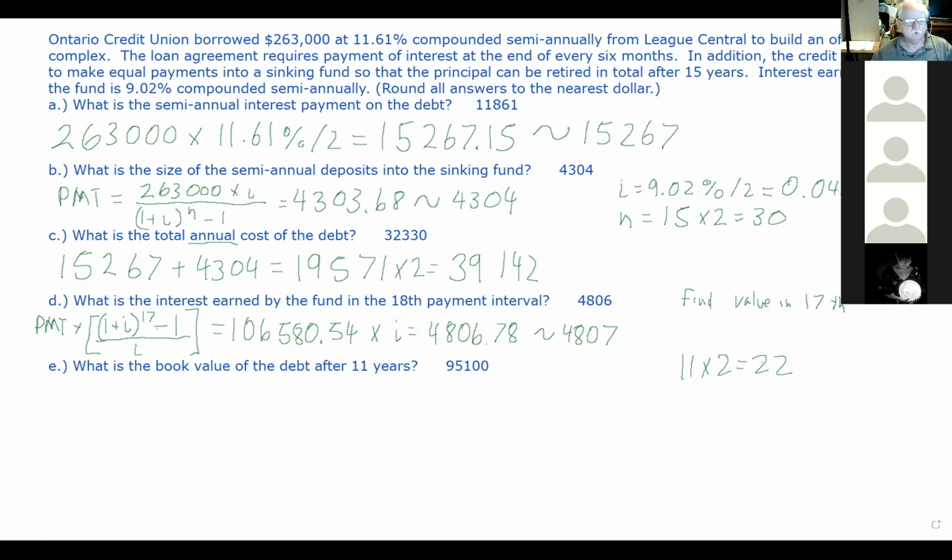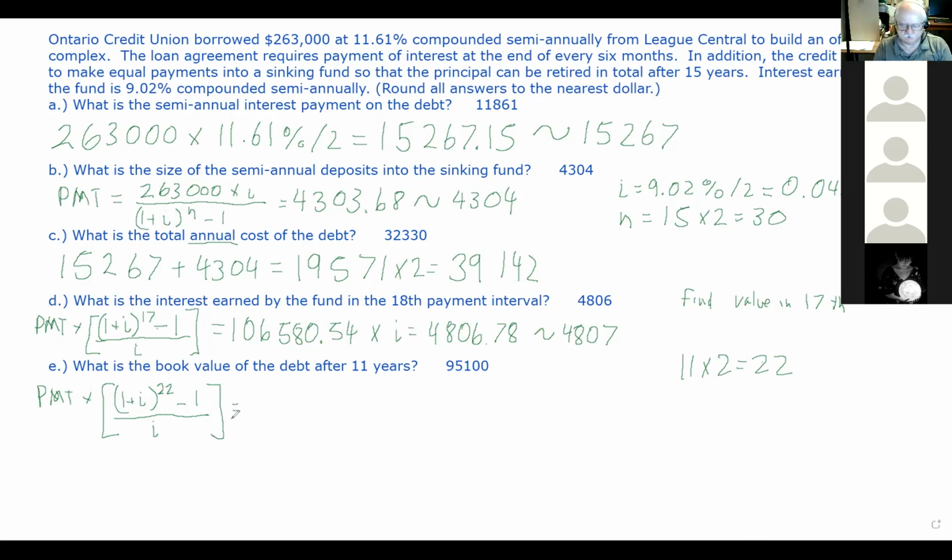And what was the formula we had to use there? Just the same formula we used up here. Payment times 1 plus I, but in this case, to the power of 22 minus 1 all over I.